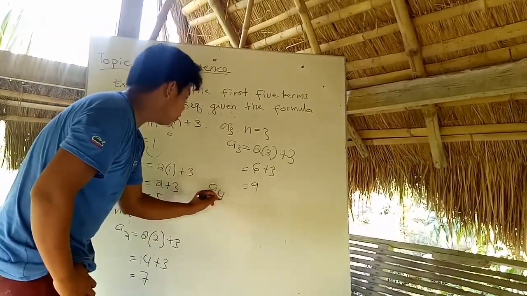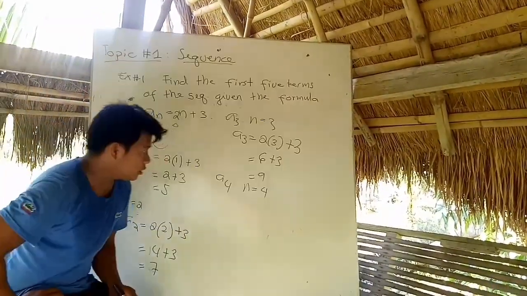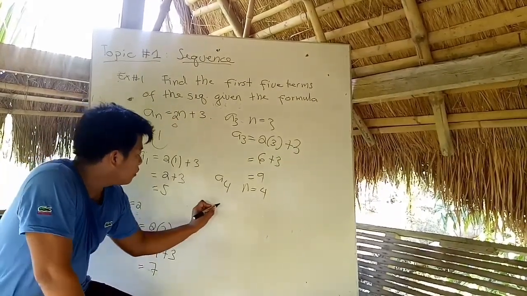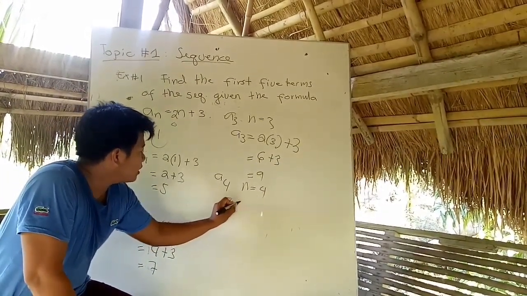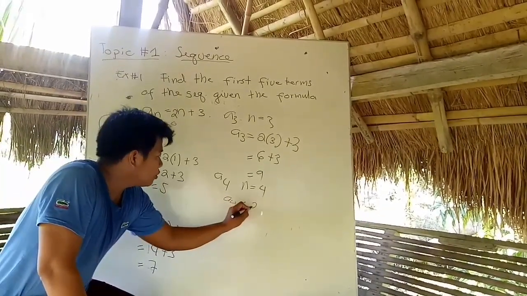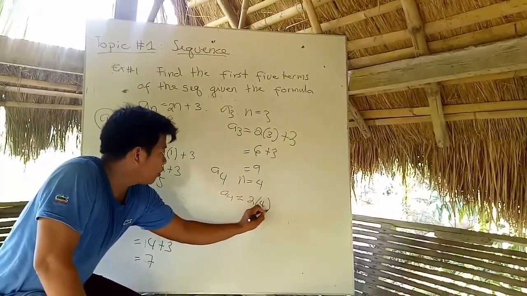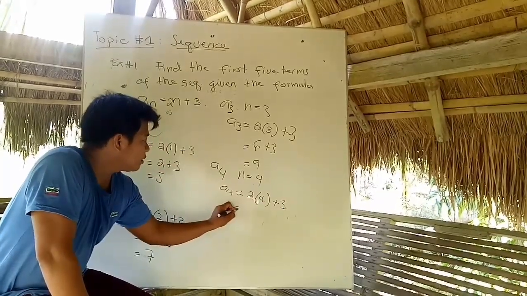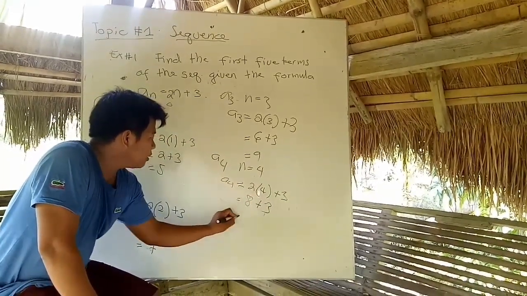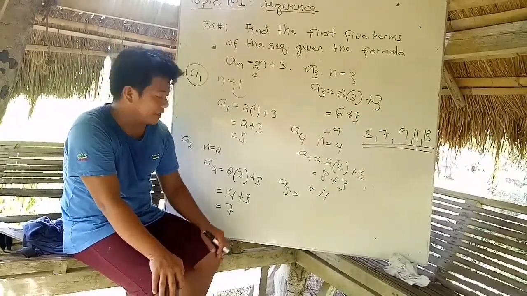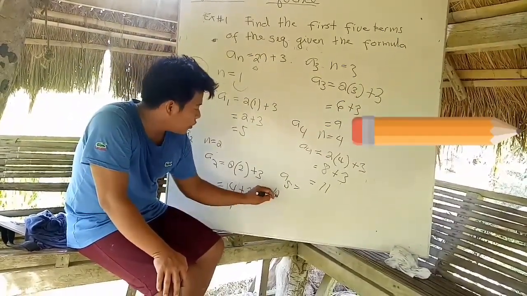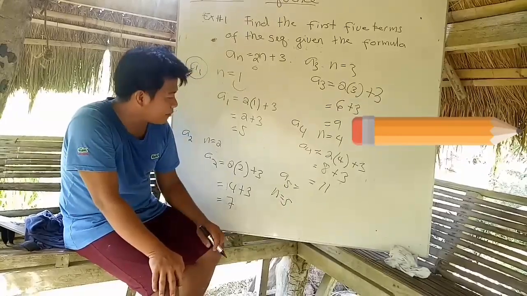And a sub 4, n equals 4. By substitution, we have a sub 4 equals 2 times 4 plus 3. So 8 plus 3 equals 11. For the fifth term, that is a sub 5, so n equals 5.